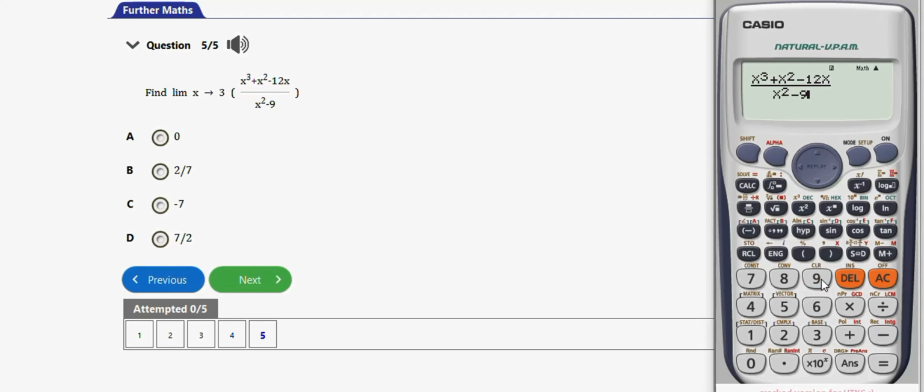So that's it. Let's press equal to see the output. We have it to be 3.5. So 3.5 is the same thing as 7/2. Let's verify. Yes, that's 7/2. Press SD. 3.5. So the right answer is option D.